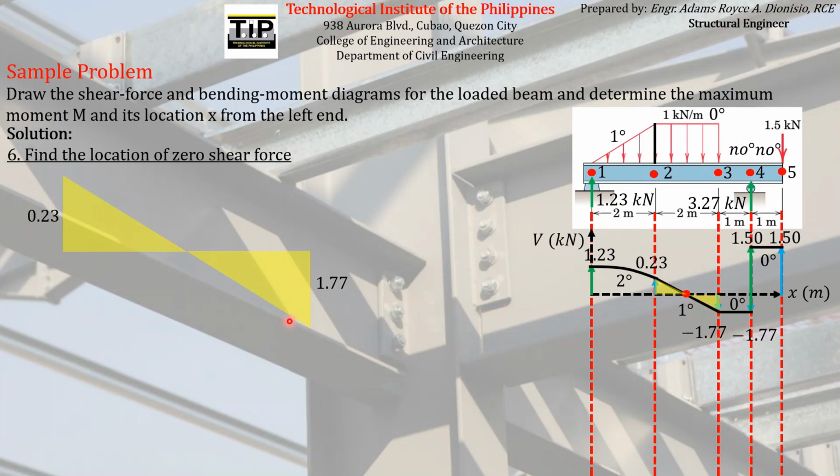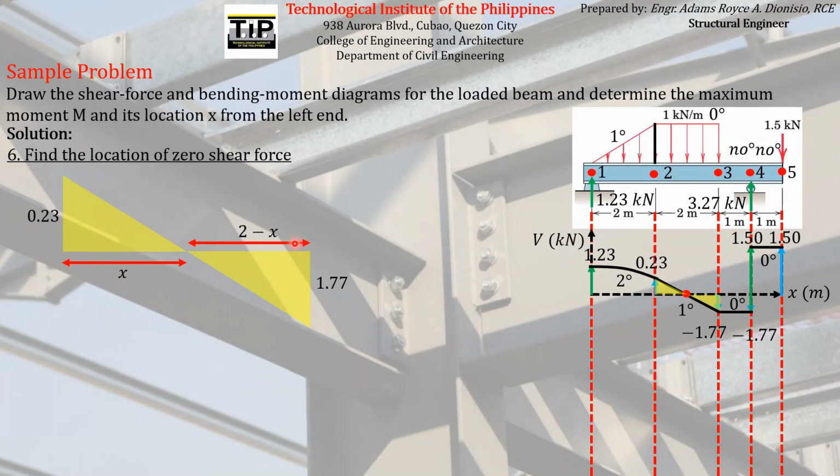I just disregarded the sign because we are just using the shear forces as the dimensions of the triangles. So if we let this dimension of the triangle be length x, and notice that this whole span is 2 meters long, then what is the length of this other span? Obviously this will have a dimension of 2 minus x.